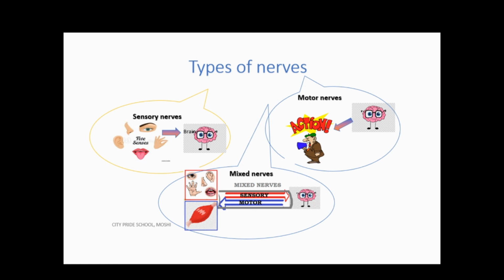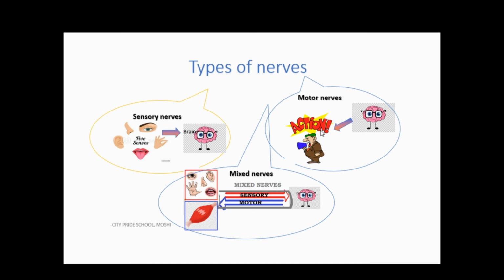These carry messages from the five sense organs through the spinal cord to specific parts of the cerebrum of our brain. Now remember our sense organs: the eyes, the ears, skin, nose, and tongue. These perform the function of eyesight, hearing, smelling, tasting, and feeling, and help in understanding our environment.